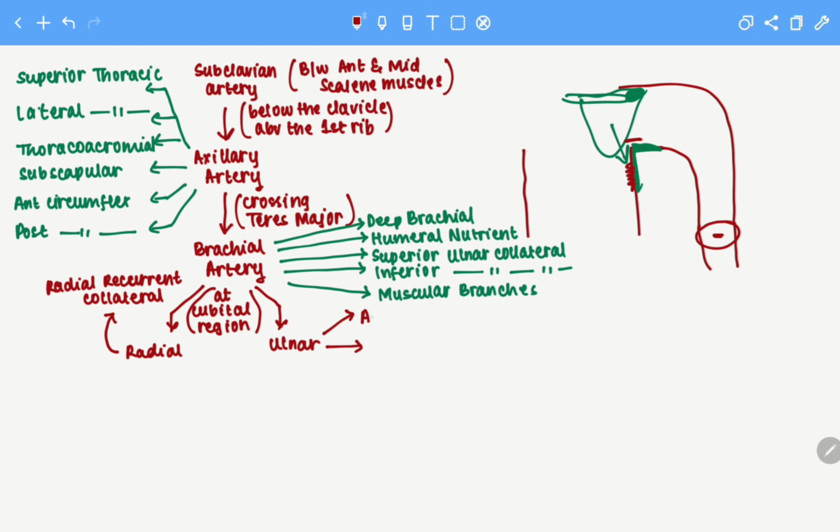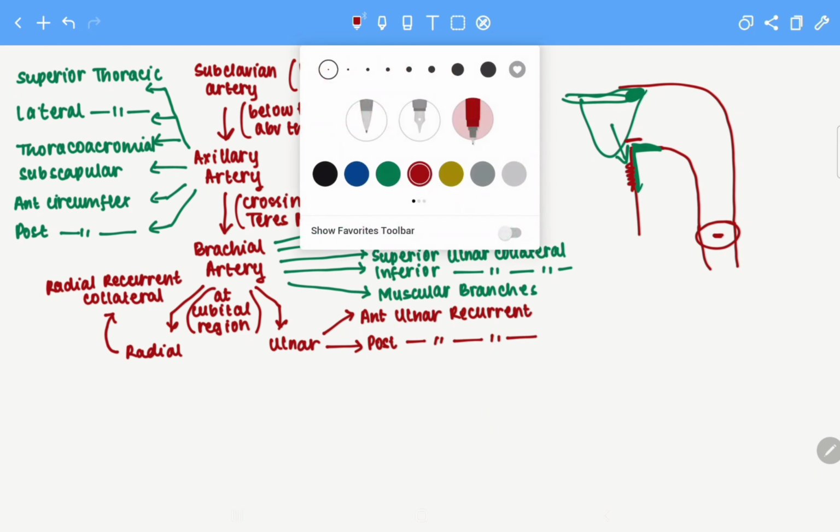One is the anterior ulnar recurrent and the posterior ulnar recurrent. The radial recurrent collateral branch is going to anastomose with the deep brachial artery. So, I'll just write that.